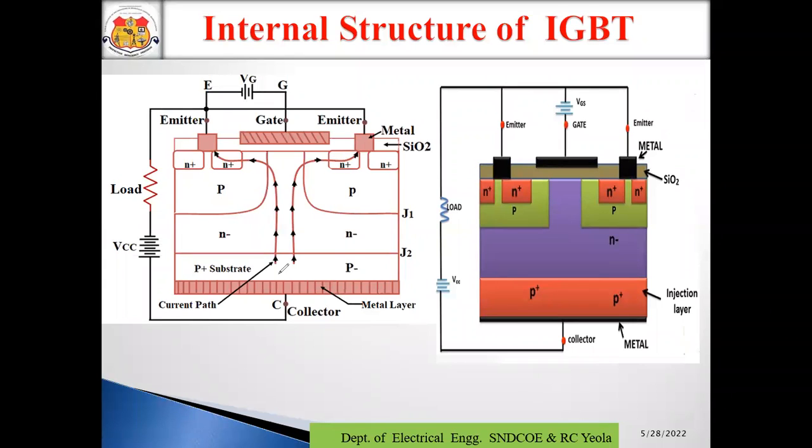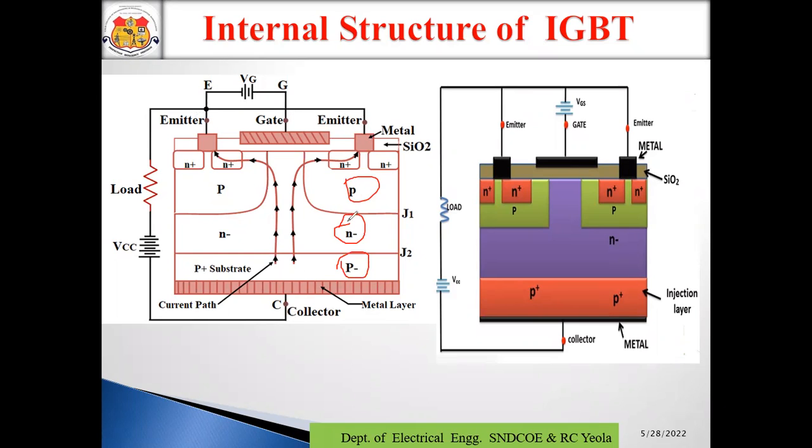Here you can see the P substrate, which we can call the injection layer, the N negative drift layer, and this is the body region. These are the three different regions, and these are the junctions J1 and J2. This terminal is the collector terminal, this is the gate terminal, and both of these terminals are emitter.